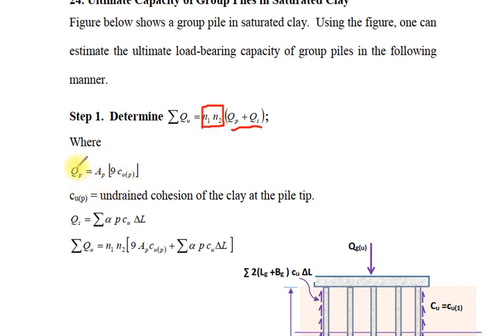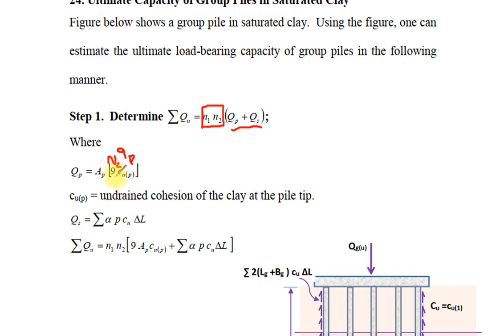Computing QP is by the following equation: AP, the area of the pile, multiplied by QP, as we learned in the previous lectures, multiplied by NC, multiplied by the undrained cohesion near the tip of the pile, under the point of the pile.